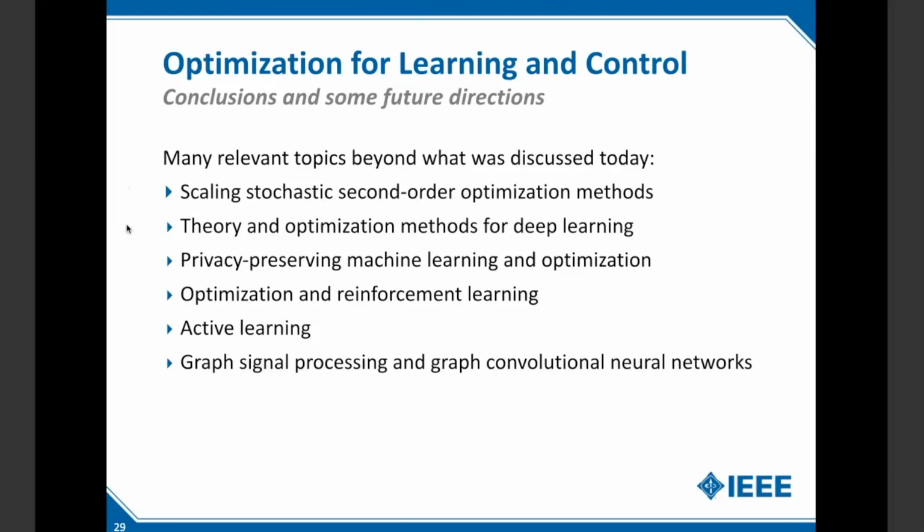Theory and optimization for deep learning is definitely another interesting direction. In particular, as Uzman mentioned at the beginning, often optimization methods try to exploit the structure in a problem. And deep learning is clearly an area that has had a lot of impact. I think we're still very early in our understanding of what is the structure in those types of problems that can be exploited in order to do better optimization.